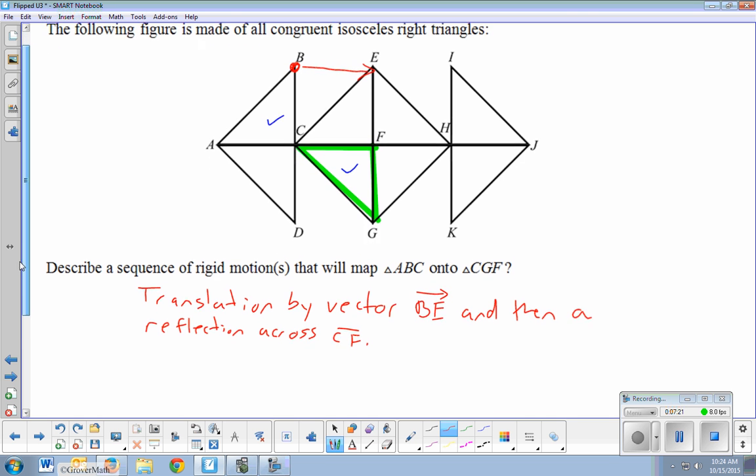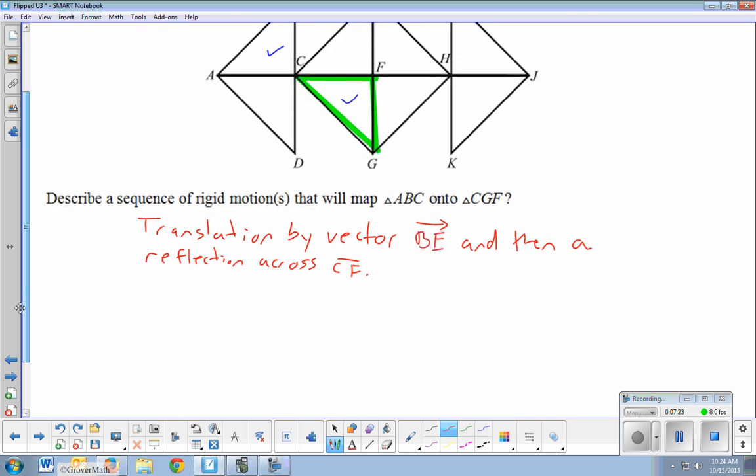Now, sometimes we also want to write this with a notation. And the notation for this is whatever triangle you're starting with, triangle ABC, have that in parentheses. And you kind of are going to work your way right to left, which is a little weird here. The last thing I did, so I'm working backwards, the last thing I did was a reflection across CF.